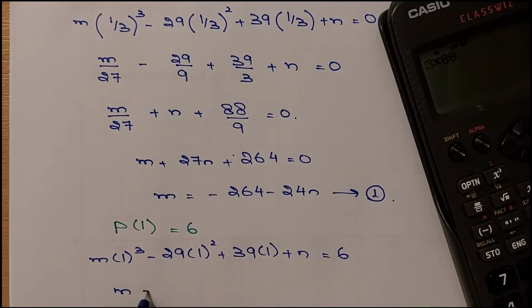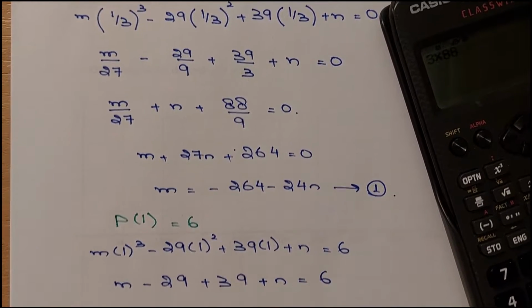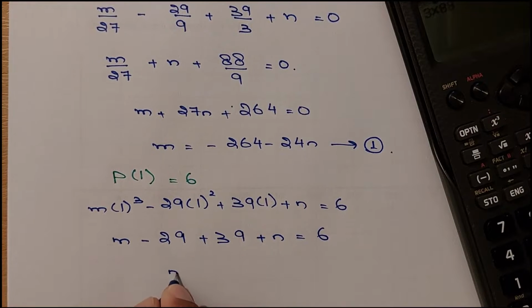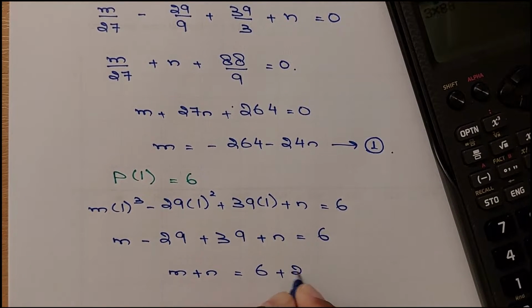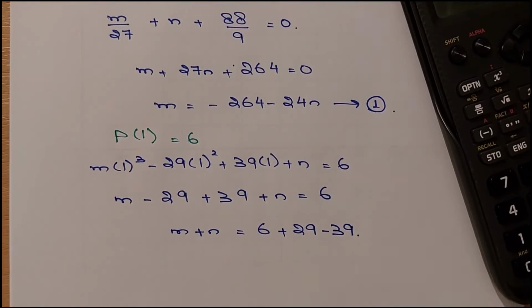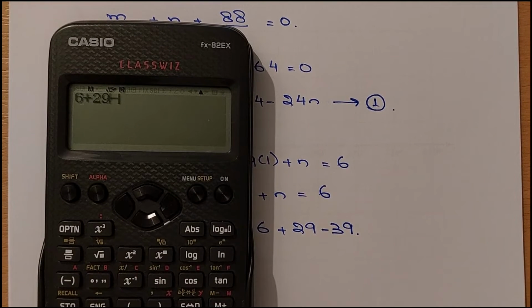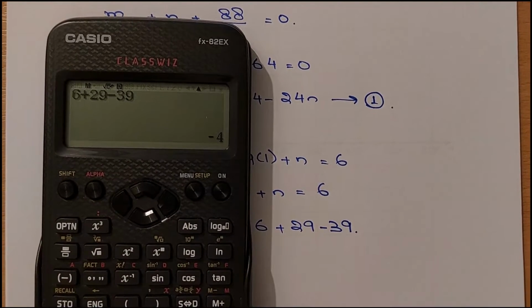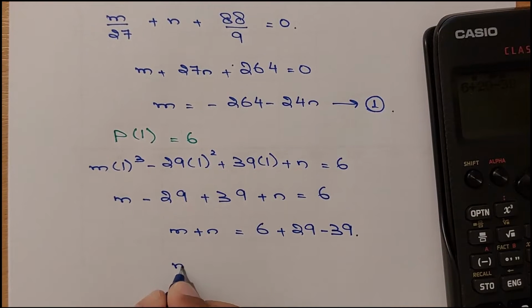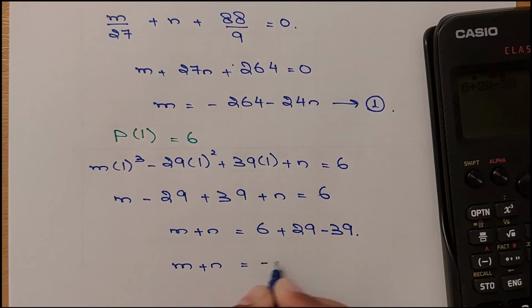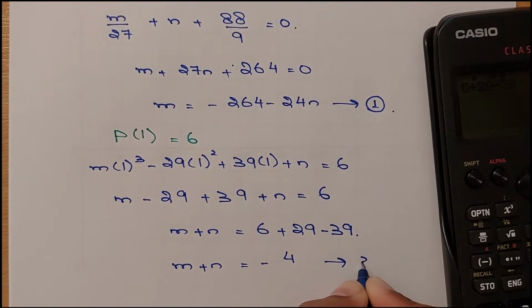So here we have m minus 29 plus 39 plus n equals 6. So m plus n equals 6 plus 29 minus 39. Okay, 6 plus 29 minus 39 is negative 4. So m plus n equals minus 4. This is my second equation.